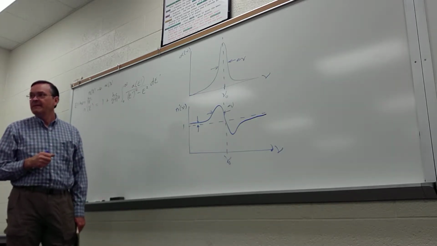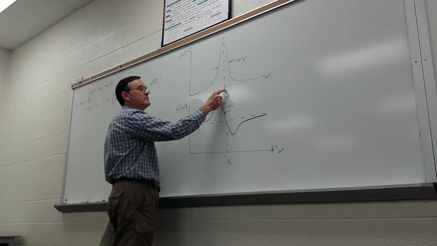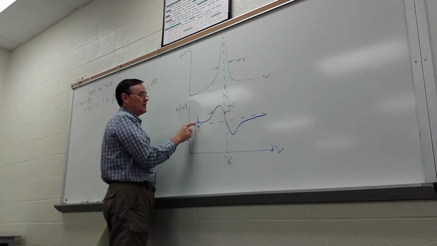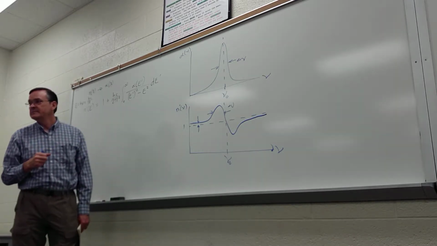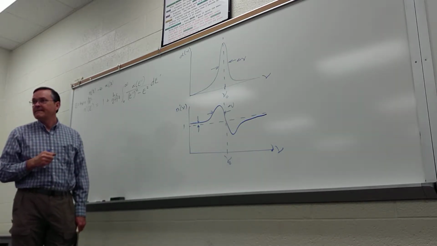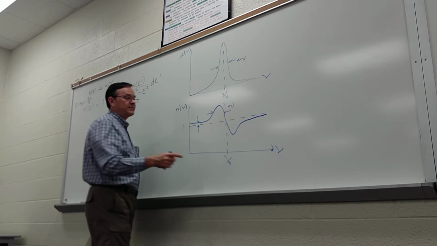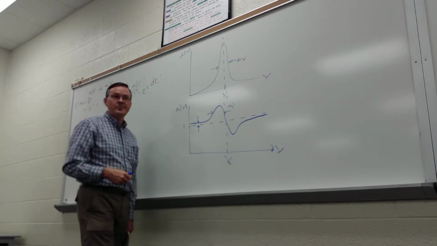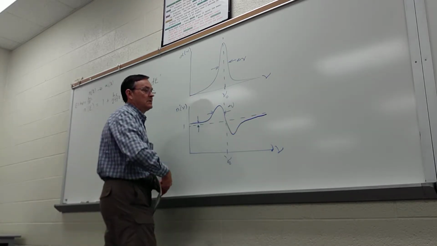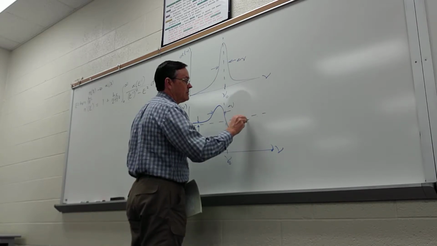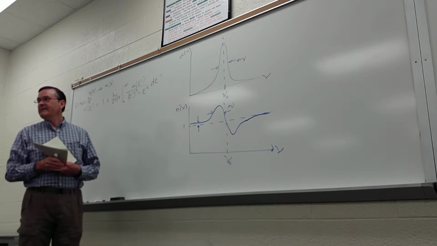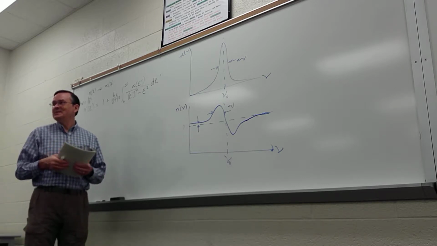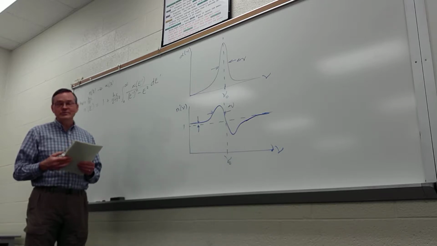The absorption at nu naught affects the refractive index at all frequencies less than nu naught, but not at frequencies greater than nu naught. This just asymptotes to 1. It's pretty wild, and this is a crucial phenomenon.